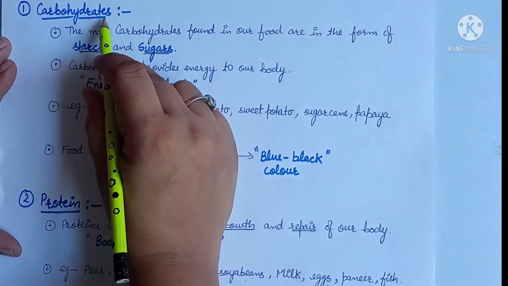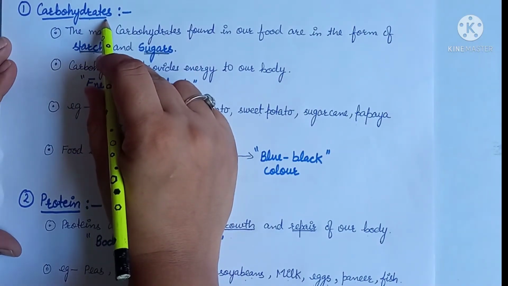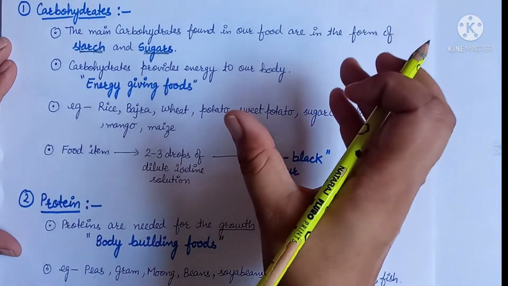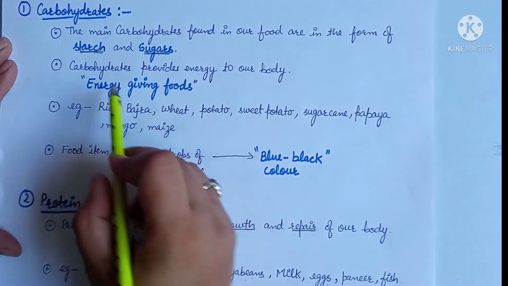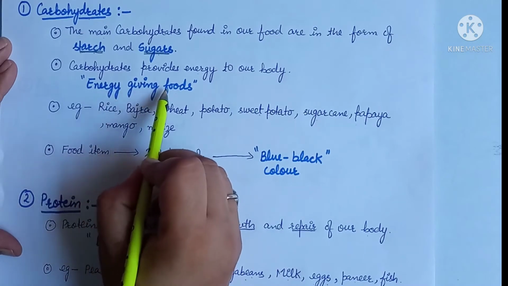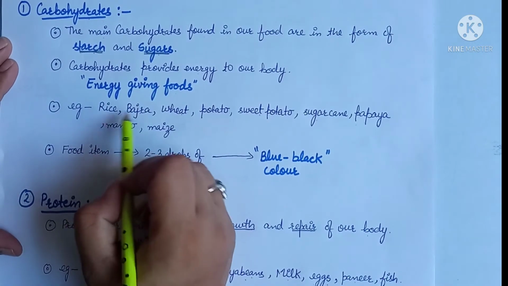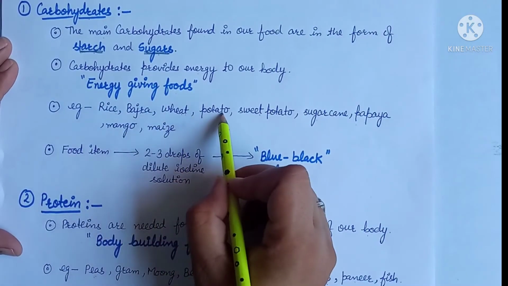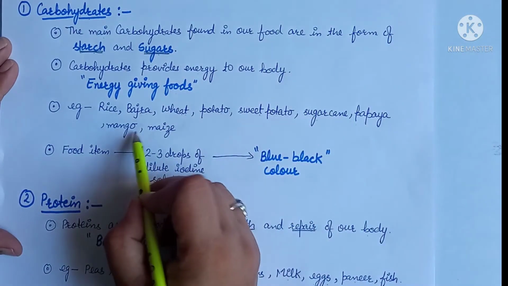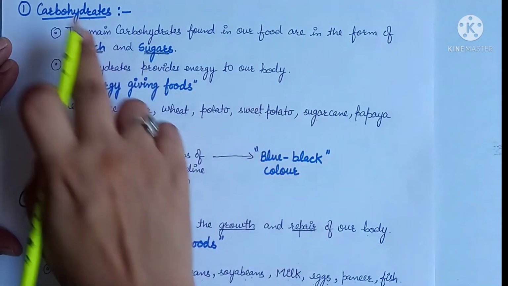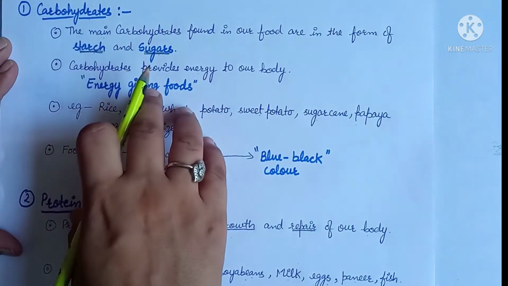The main function of carbohydrates is to provide energy to our body. So we call them energy giving foods. Rice, bajra, wheat, potato, sweet potato, sugarcane, papaya, mango, maize are some examples of carbohydrate food.